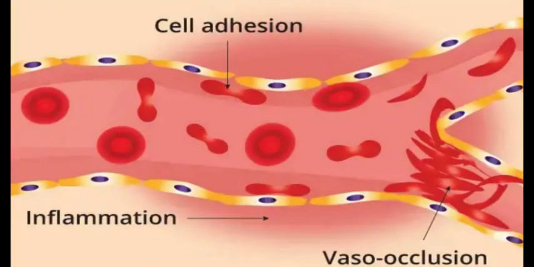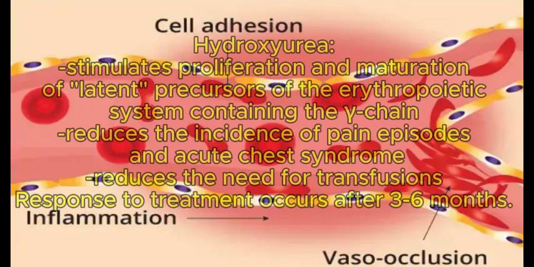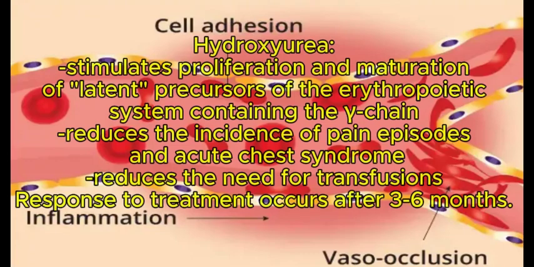A specific treatment: hydroxyurea. This stimulates proliferation and maturation of latent precursors of the erythropoietic system containing the gamma chain, increases hemoglobin F synthesis, reduces the incidence of pain episodes and acute chest syndrome, and reduces the need for transfusions of packed red blood cells.